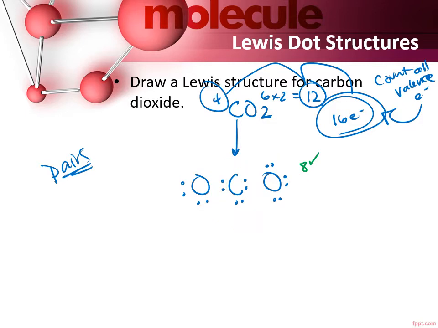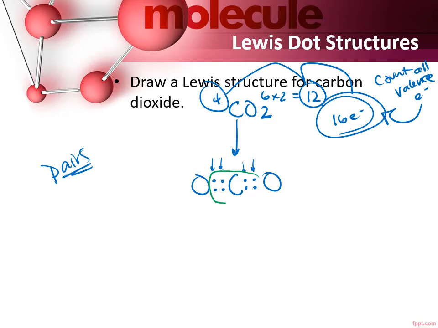So I'm going to go back. I'm going to erase some things, and I'm going to make some double bonds. So instead of only 1 pair of electrons between carbon and oxygen, I'm going to add 2 pairs of electrons between carbon and oxygen. So now I have 2, 4, 6, 8 electrons all together.